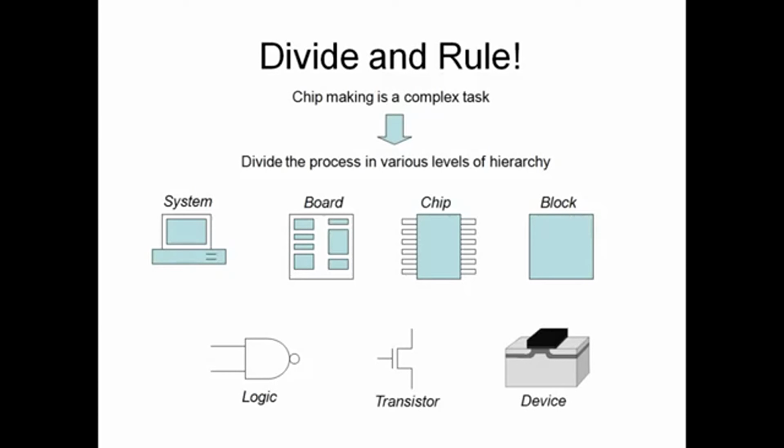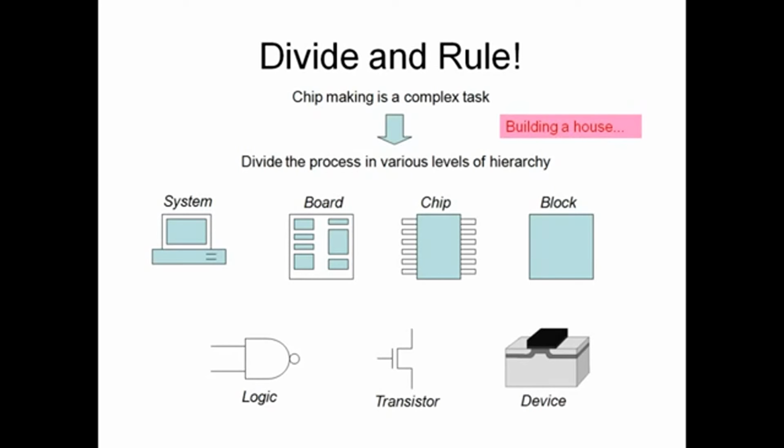So you have board level design, chip level design, block level, logic level, transistor level, and the device level, and at each level you can do the various design processes in parallel. Parallelism is very much used, and that way a lot of time is saved, and finally the system level engineer integrates all this.